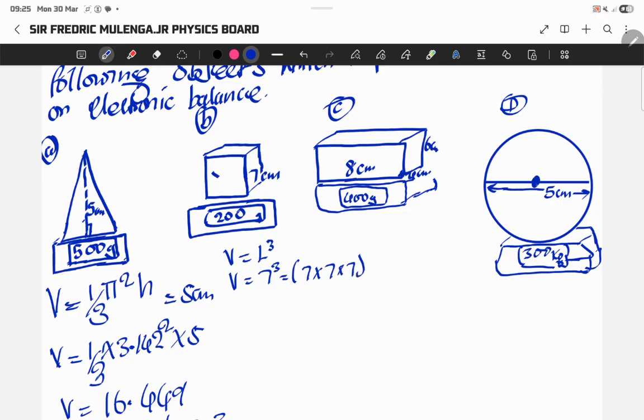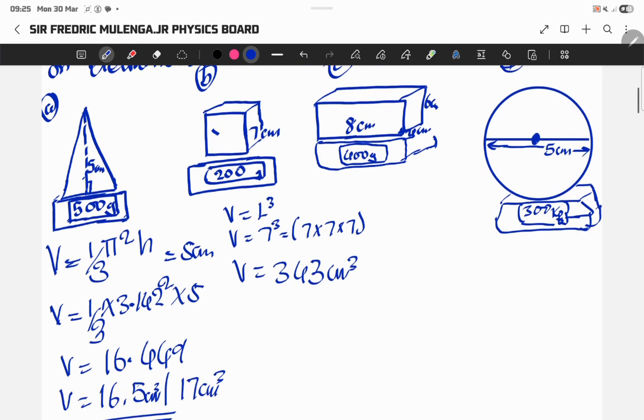And what do you get with that? I found the volume to be 343 centimeters cubed.